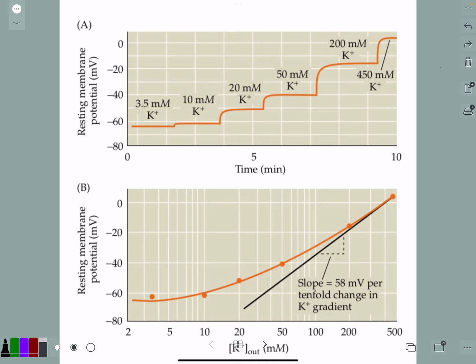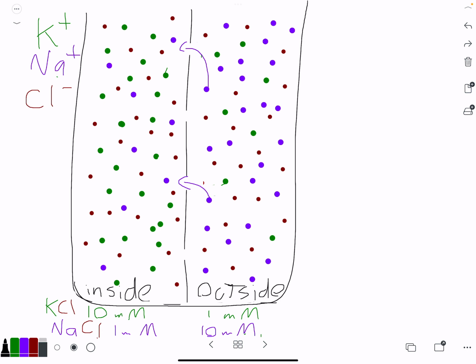And so a way to test that is to change the concentration of potassium. They changed the concentration of potassium on the outside, in the extracellular space. Now what happens? Well, we can take a look here, going back to our first example. Of course, potassium is going to flow from inside to outside because there's more potassium on the inside.